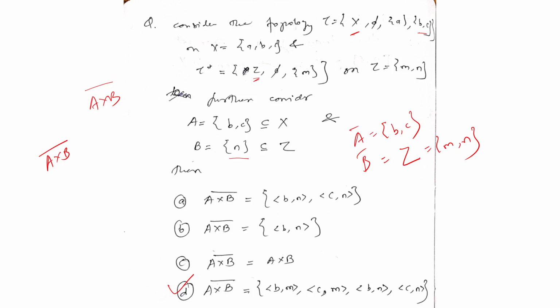I also want to know whether A cross B dash is equal to A dash cross B dash. The set of limit points of A cross B is equal to A limit points cross limit points of B. Yes, the derived set. And also for boundary.